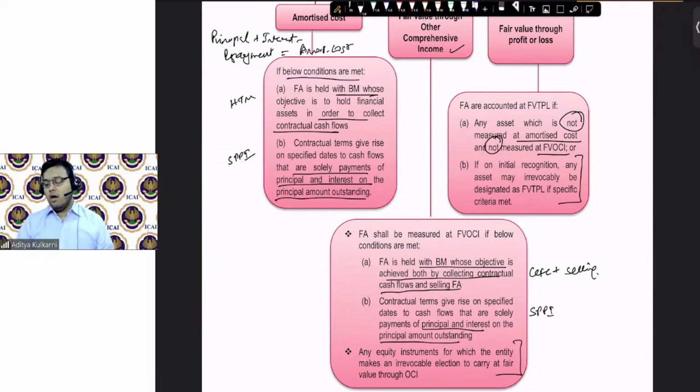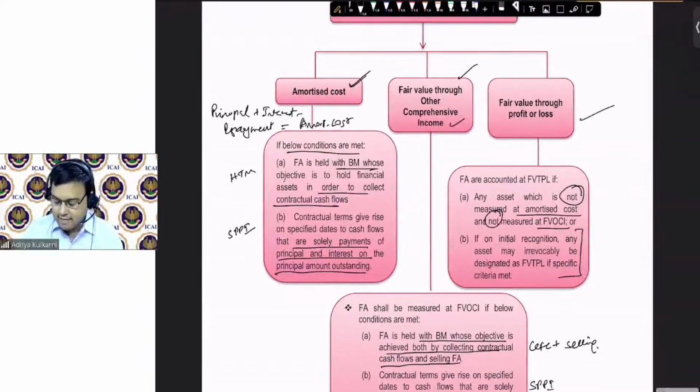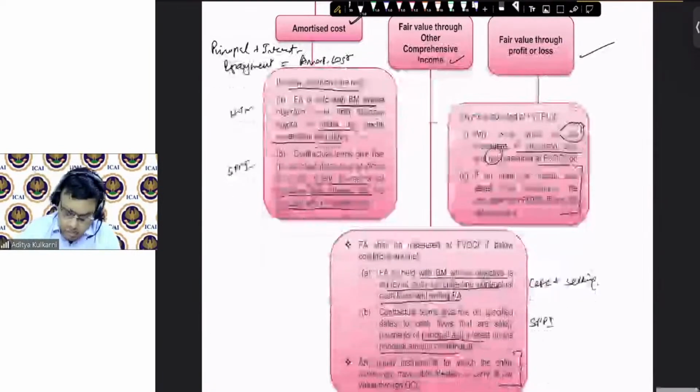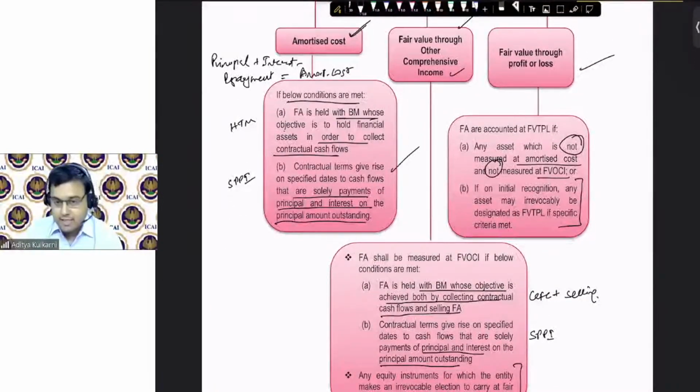Yes. If the SPPI test is not passed, straight away come to this one, FVTPL. See, you will check whether the SPPI test is passed here. If the SPPI test is passed here, then FVTOCI or amortized cost.